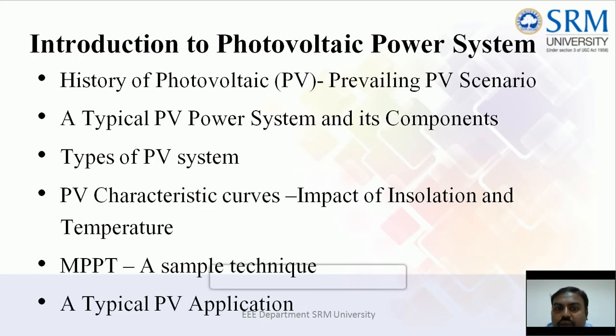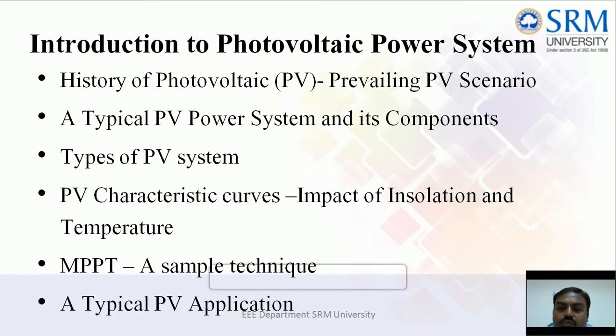So, my presentation will deal with the history of photovoltaic and the prevailing power scenario, the necessary components of PV systems, classification of PV systems, essentially the PV characteristics and the impact of insolation and temperature upon the PV characteristics, and what MPPT is, which is an indispensable component in any photovoltaic power system.